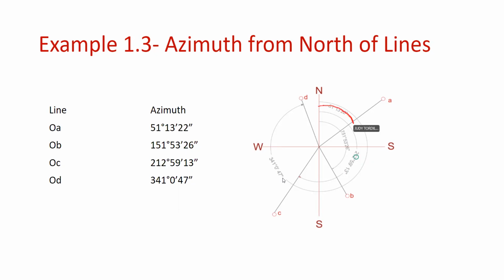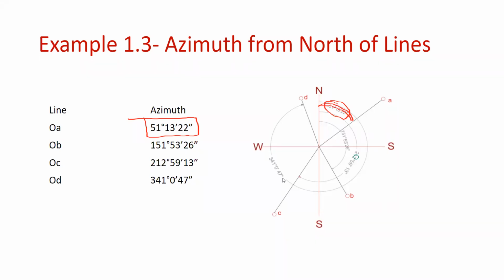Diba? So, as you can see here, meron tayong given na angle na 51 degree, 13 minutes, 22 seconds. So, ito rin yung bearing angle niya. And ito rin yung azimuth angle niya. But, in azimuth angle, wala na tayong northeast or southeast. Ito na yon. 51 degree, 13 minutes, 22 seconds of the azimuth north meridian.